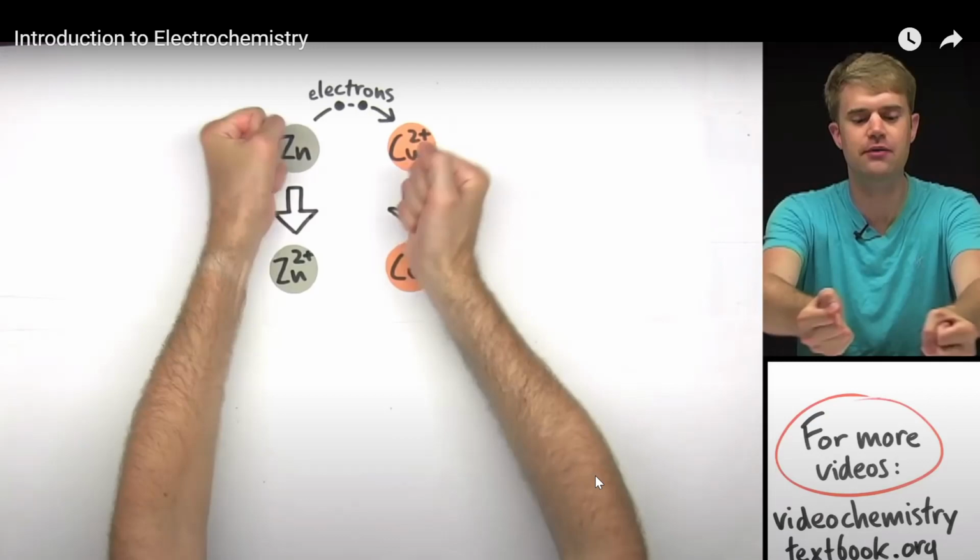Not just Cu, but Cu2+. The zinc takes on a what charge? A +2 charge, because it, what does it do with its 2 electrons? Loses 2 electrons, and the copper becomes neutral because it gains 2 electrons.